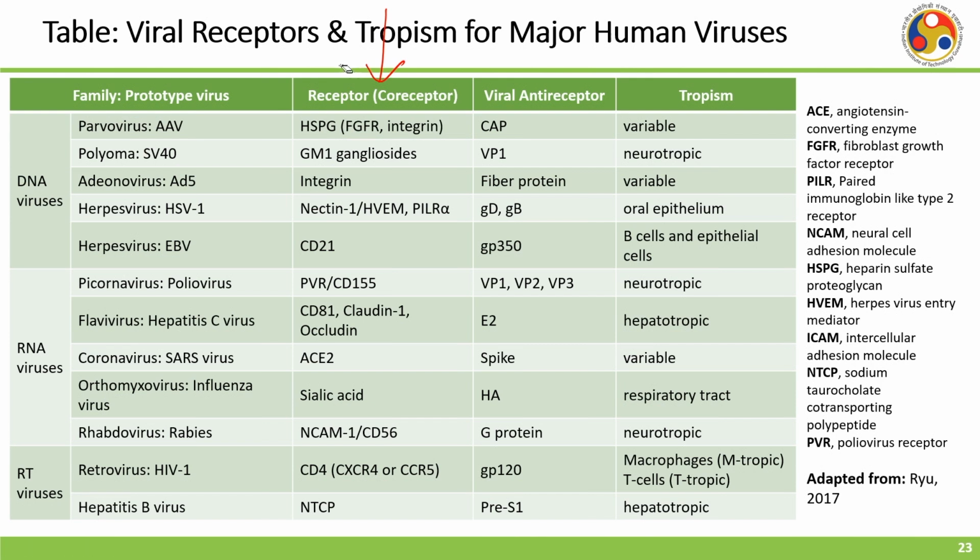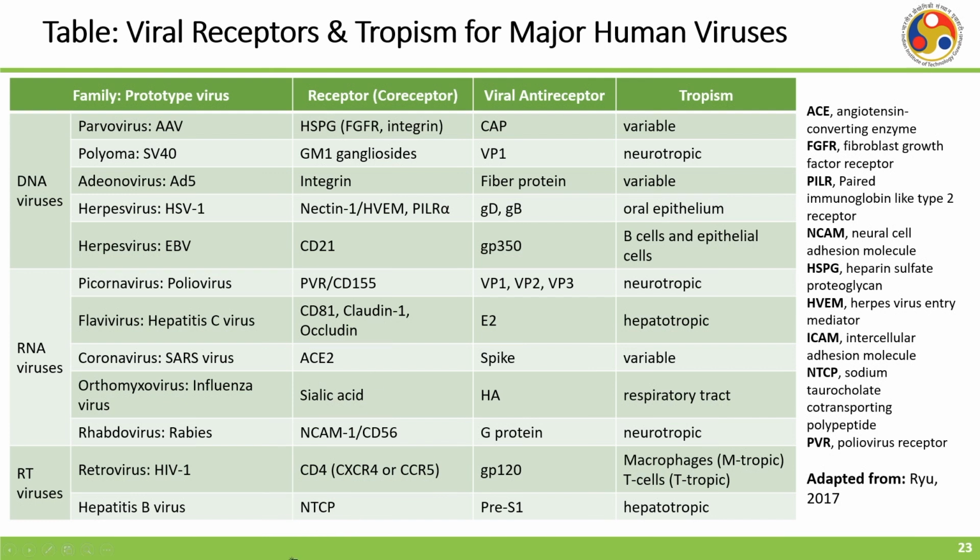So, you can see the corresponding receptors in this column. For example, for parvovirus the receptor is HSPG, and for polyoma it is GM1 and so on. For coronavirus, you have the ACE2 receptor, and you have CD4 for HIV-1 and anti-CP for the hepatitis B virus.